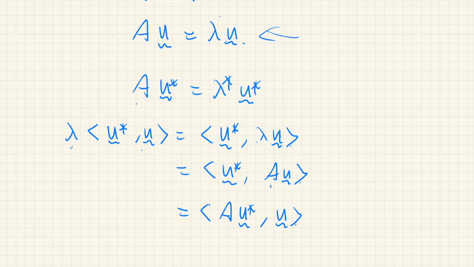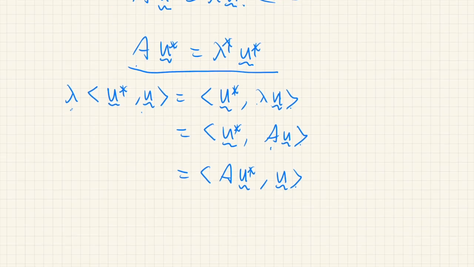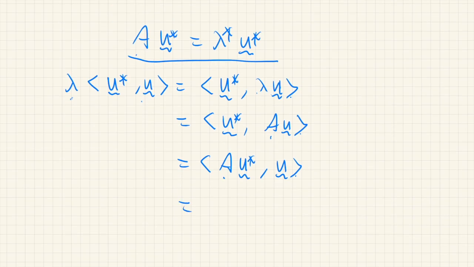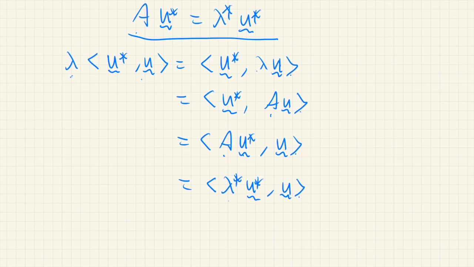So that means A u star is equal to lambda star u star. But this scalar lambda star can be taken out. So now we have this.